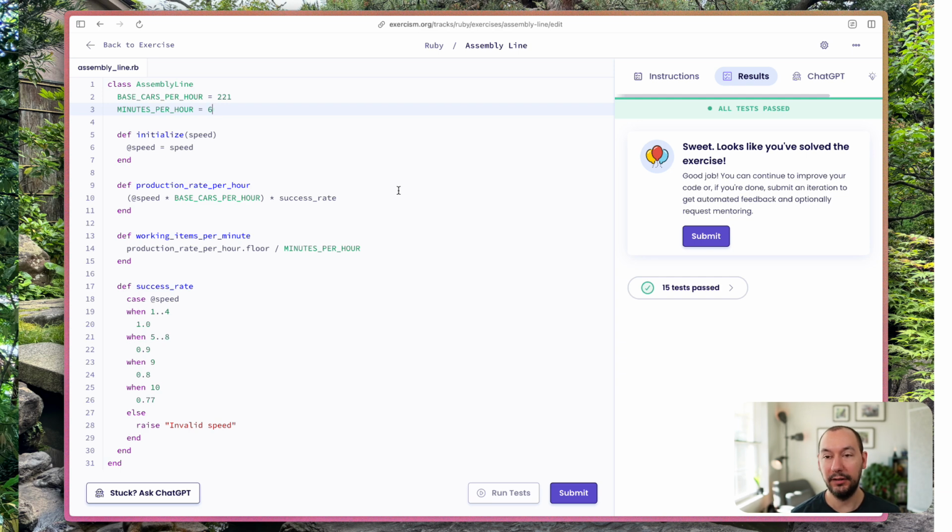But let's say we did want to change it to 15 minutes. We want to find out how many cars. So that's where the name kind of falls apart. But you could at the same time, you know, times 4, right? For clarity, I'll put the parentheses there. So if you wanted to find out how many working items, and again, this would be a different method.